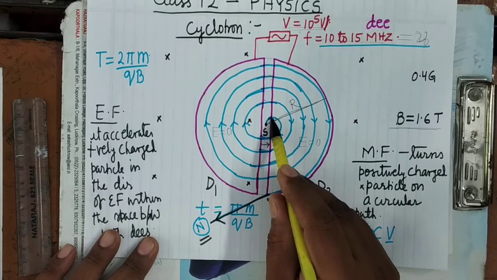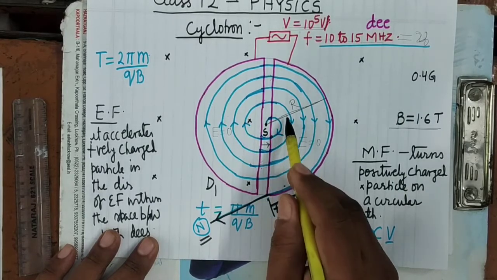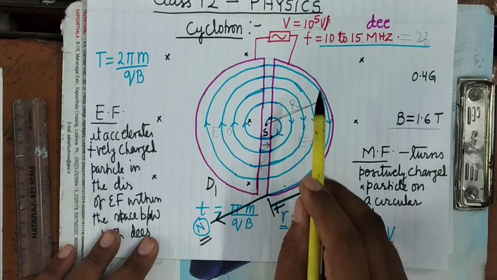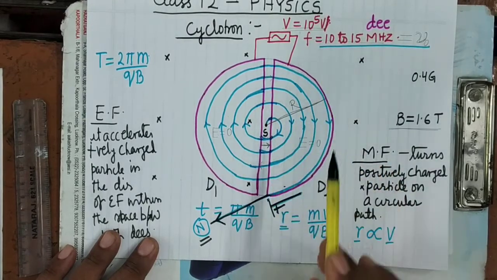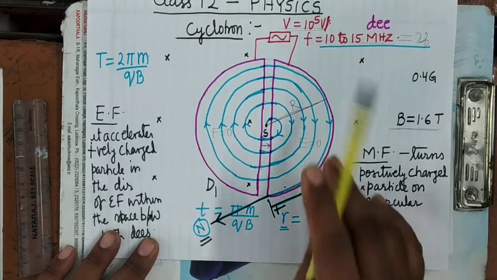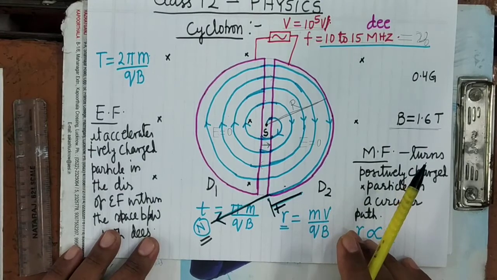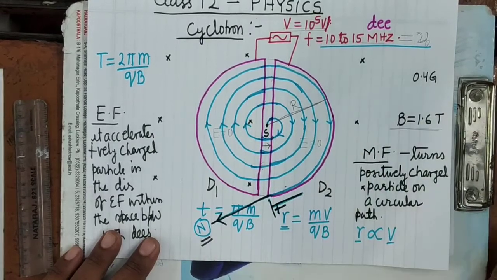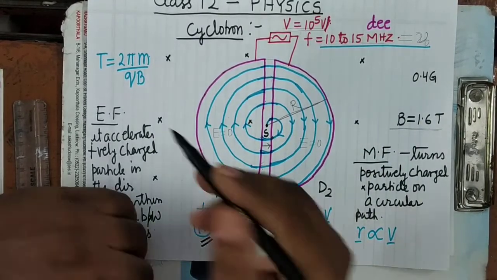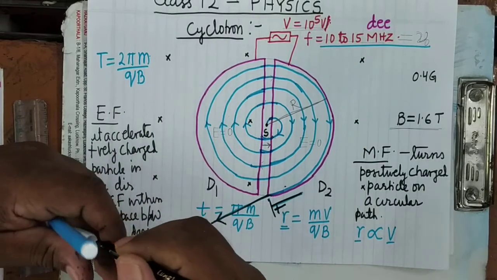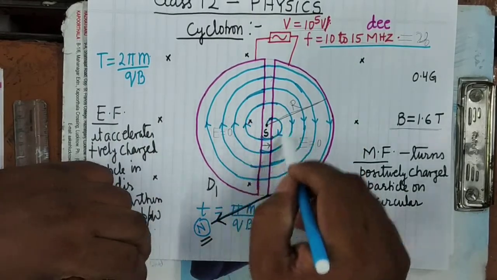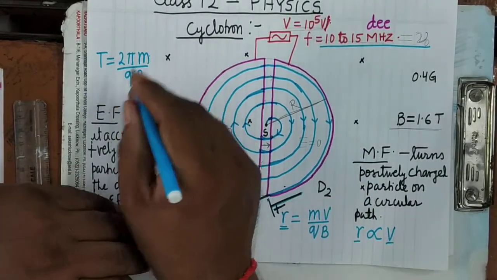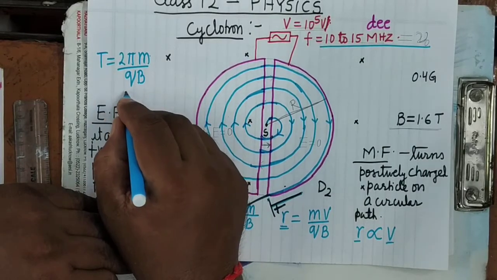It means that the time taken in completing this semicircle will be equal to what? It means the period of revolution is equal to the periodic time of this AC source. Or we can say that the frequency of revolution is equal to the frequency of the AC source. What is the frequency of revolution? You can see here, the periodic time of this revolution is T. So what is the frequency of revolution?